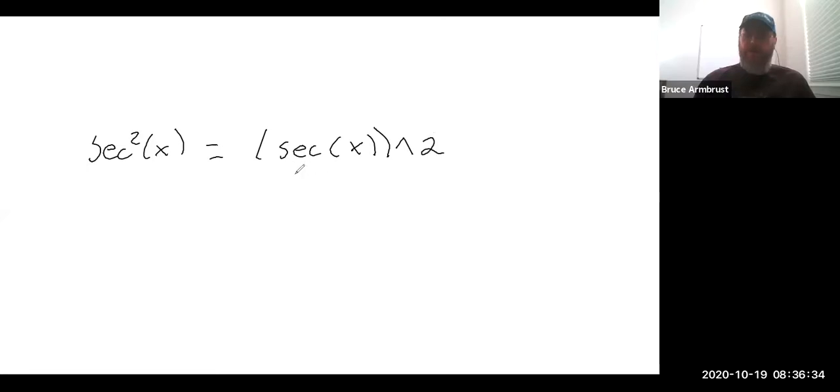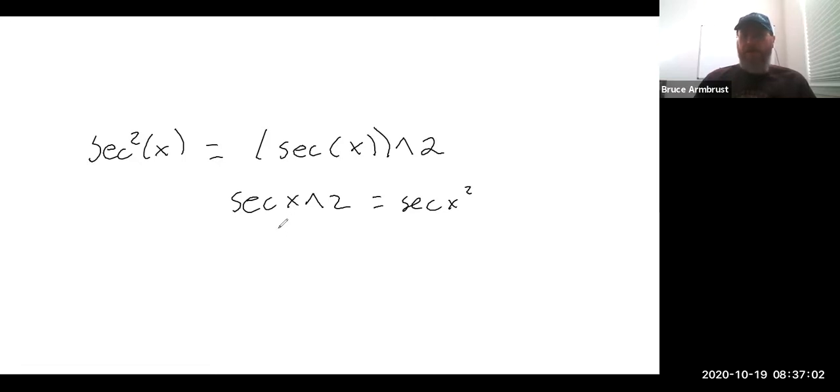Anytime you want to have a trig function that's being raised to a power, you need to put that entire trig function in parentheses before raising it to that power. If you were just to type it without them, the computer is going to read that as secant of x squared, which is a very different thing than secant squared of x.